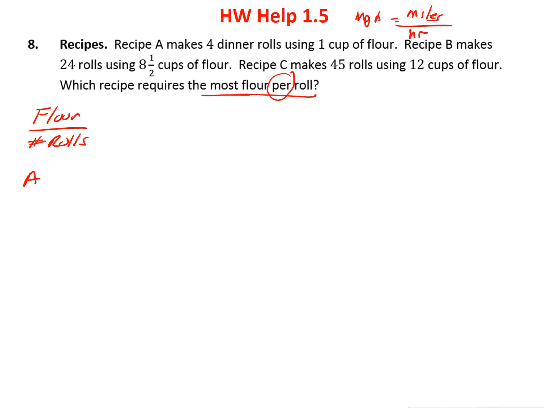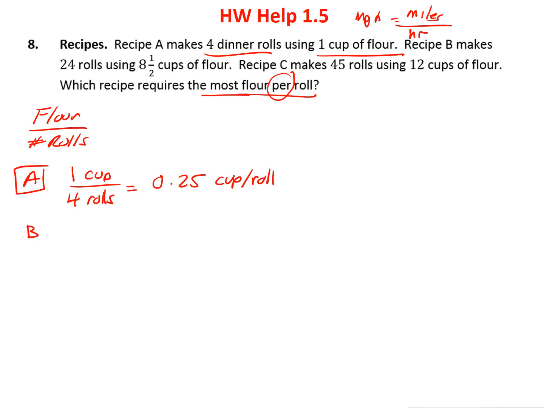Recipe A says 4 rolls and 1 cup. Now it's important that I have set this up right, because it's 1 cup of flour to 4 rolls. And I can simplify that to say that that's going to be 0.25 cups per roll. Okay.